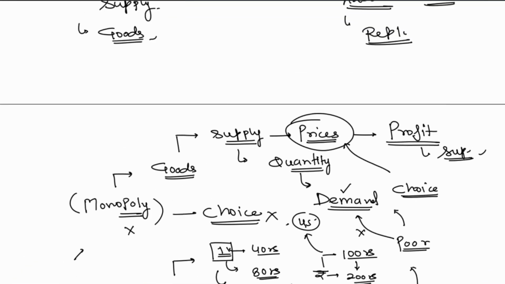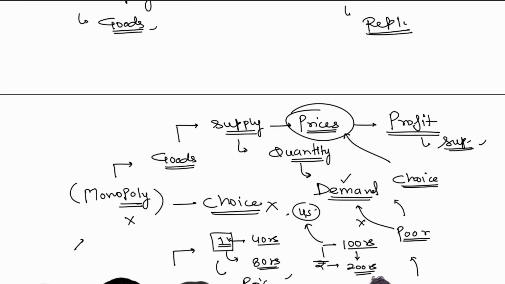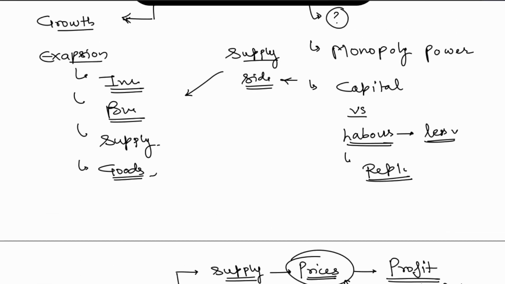So from here we are introduced to two concepts, which are the money wages as well as the real wages. So we understood that in a monopoly market, real wages are far lesser than the money wages.